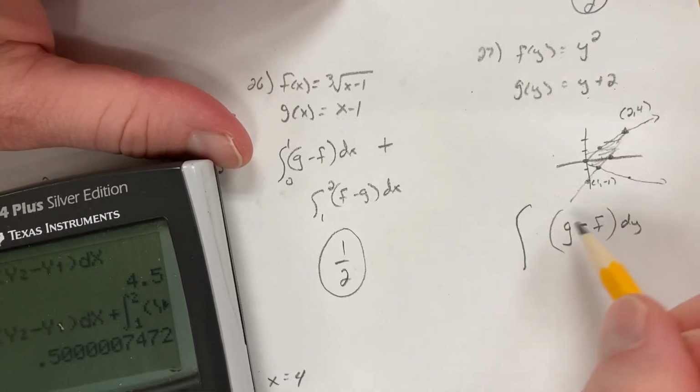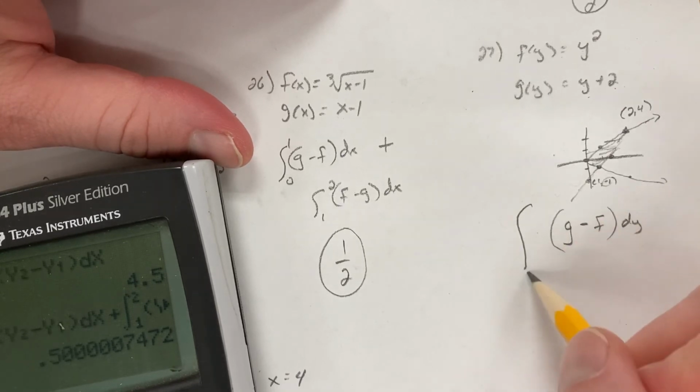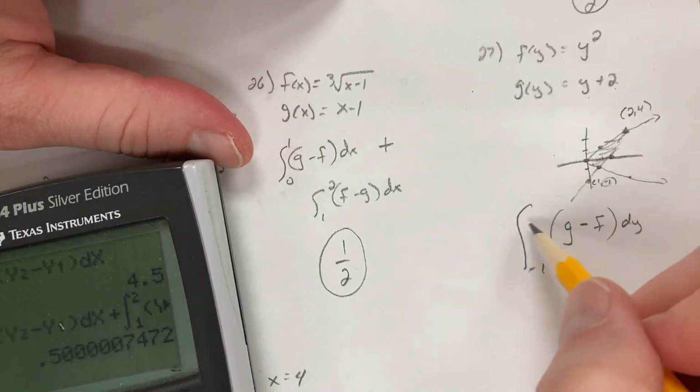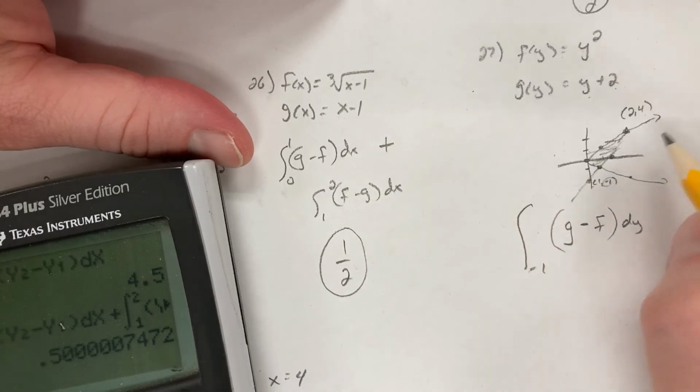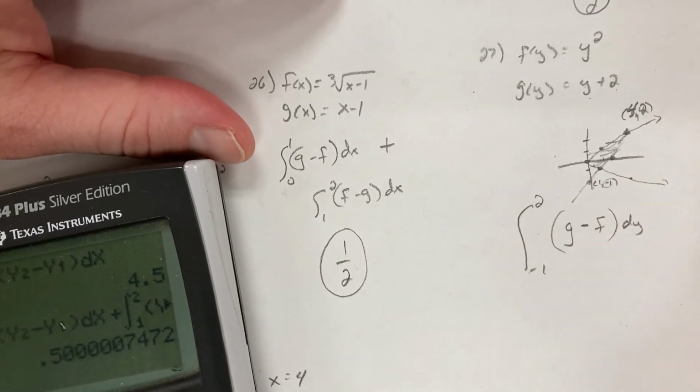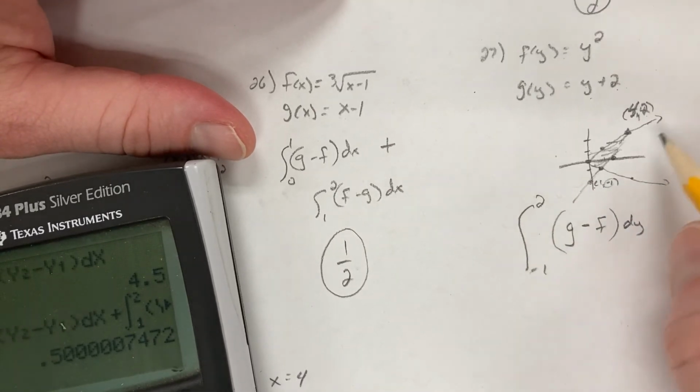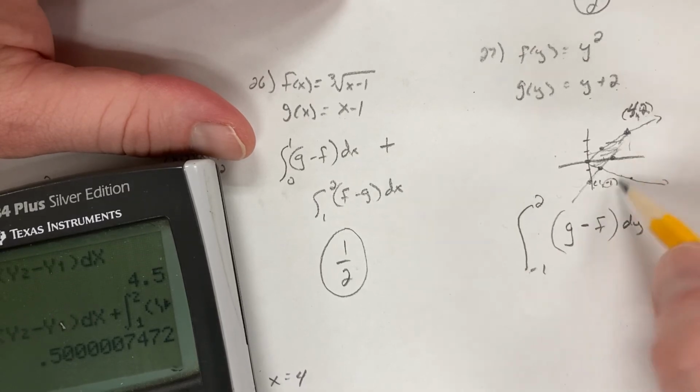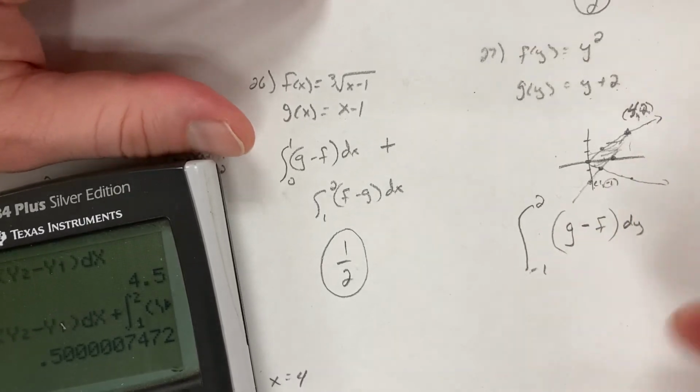And we're going to integrate them from y starting at -1 to y finishing at, I'm sorry, I had these turned around. This is 4, 2. And y starting at 2. All right? So those are the points that they intersect. And again, we're just looking at the y values. We're integrating in terms of y.